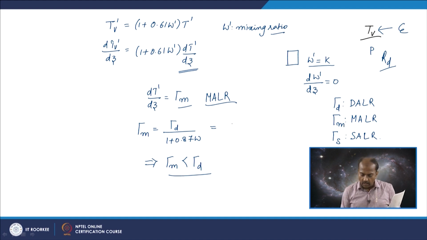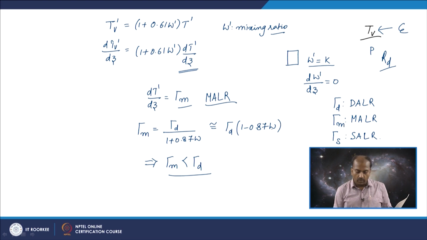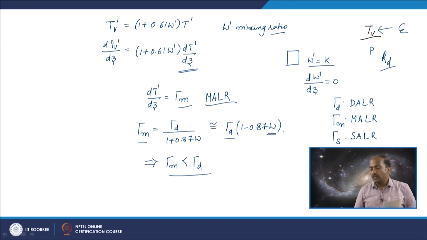So, we can rewrite this to an approximation as gamma d times 1 minus 0.87 W, right. So, the moist adiabatic lapse rate in terms of the dry adiabatic lapse rate and the mixing ratio, right. If the mixing ratio is larger, you get gamma m even slightly more deviated away from the dry adiabatic lapse rate, right.